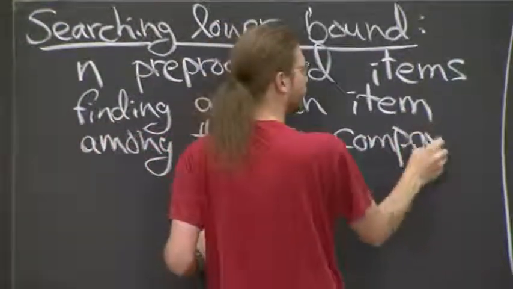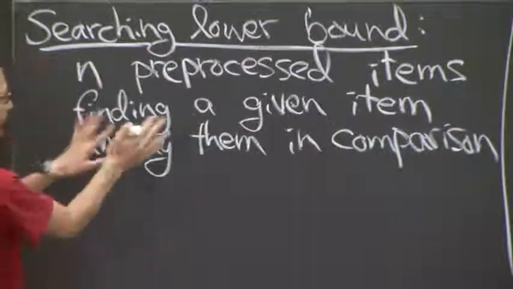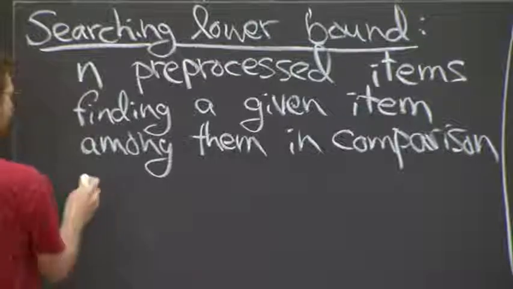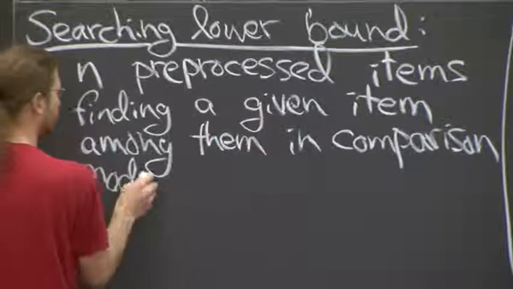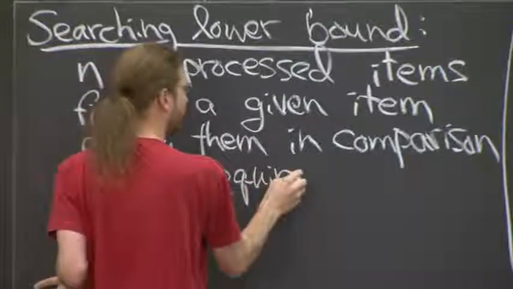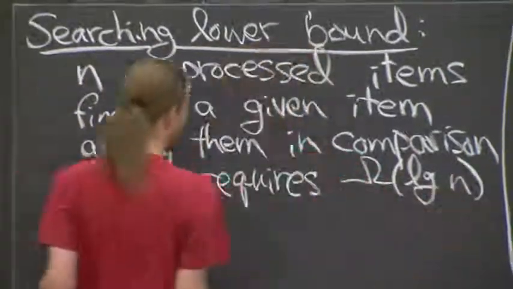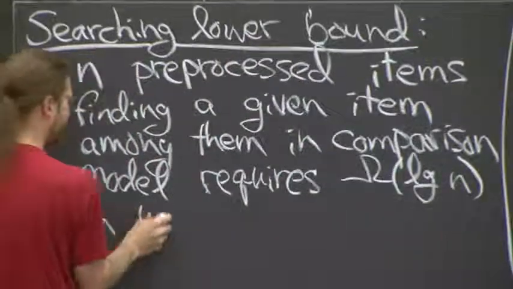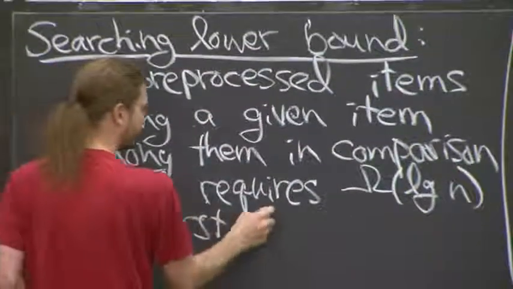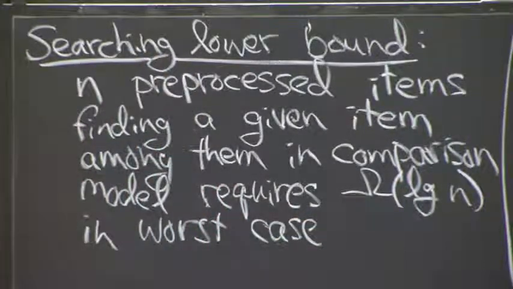So all you're allowed to do are compare items and other stuff. But the only things you're allowed to do with the items is compare them. Requires omega log n comparisons in the worst case. Okay, it's kind of tedious to write down these theorems, but it's our first lower bounds. I thought I'd be super explicit.